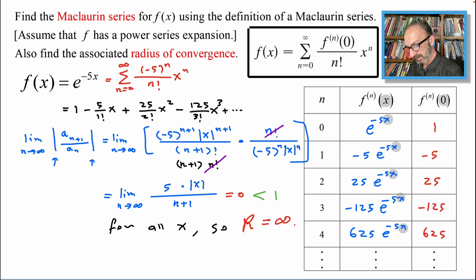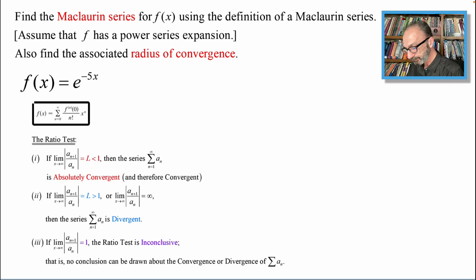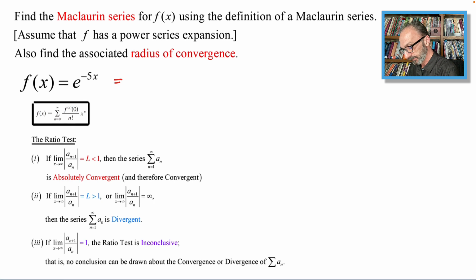To summarize this, we have the following. We ended up writing the function f of x as the summation n equals 0 to infinity of minus 5 to the power n over n factorial times x to the power n.